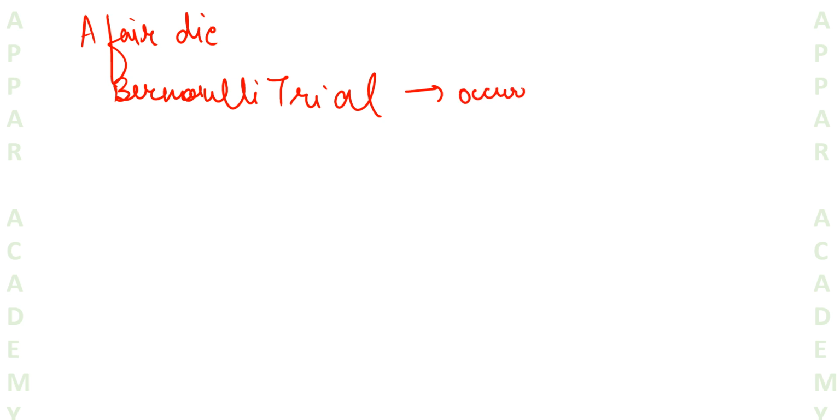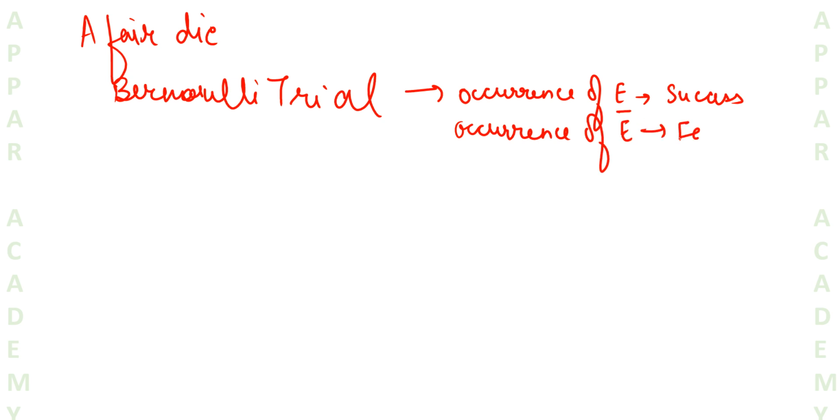So in these kinds of cases, we can convert any experiment into a Bernoulli trial. How can we do that? We can simply do that by considering the occurrence of event E as a success and the occurrence of event E bar as a failure.